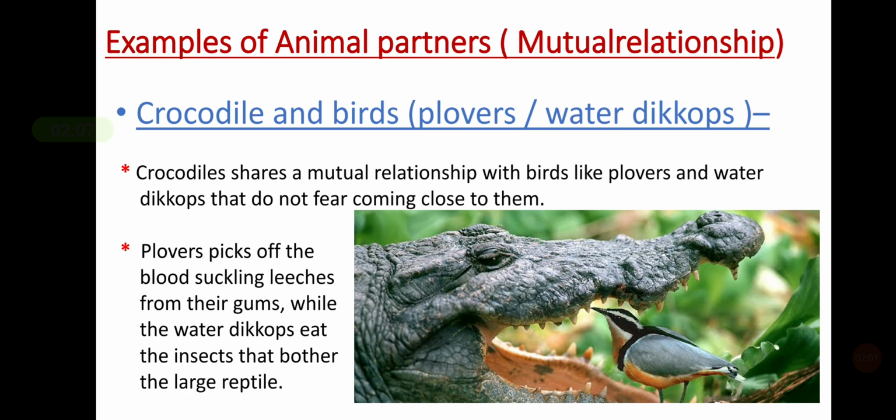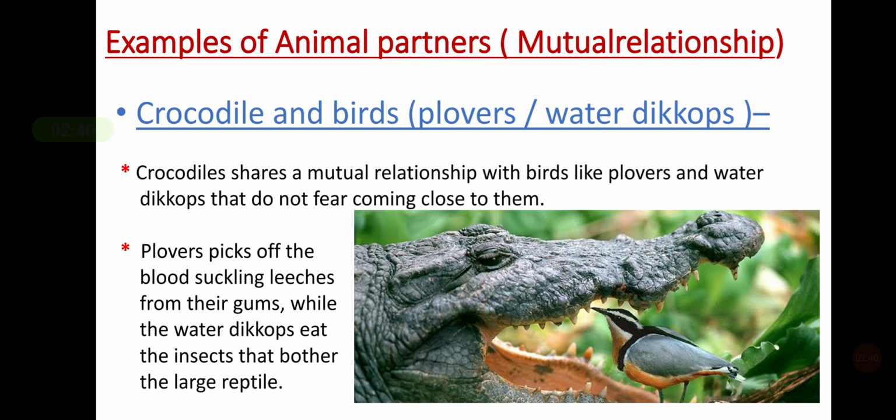As you know, crocodiles are carnivorous animals, and if it wants, it can easily hunt the bird and eat it. But here, because they both share a mutual relationship, the plovers and the water thick-knees do not fear coming close to them.